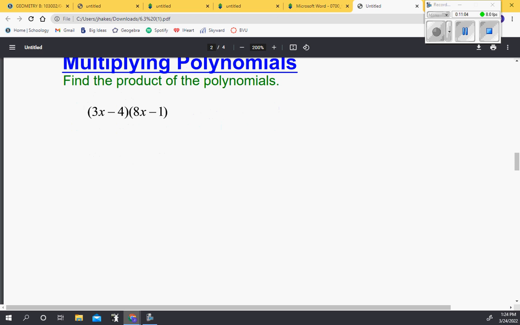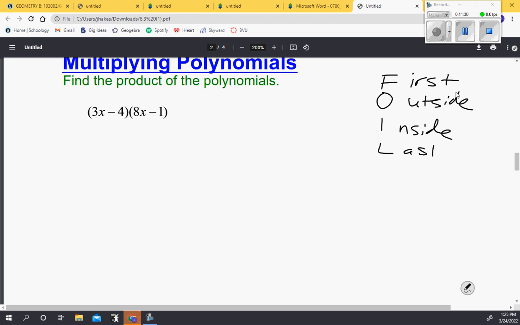Again, we're finding the product. We have 2 sets of parentheses being multiplied together. This is that FOIL rule. F-O-I-L. FOIL. First, outside, inside, and last.